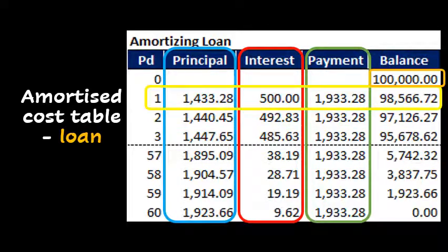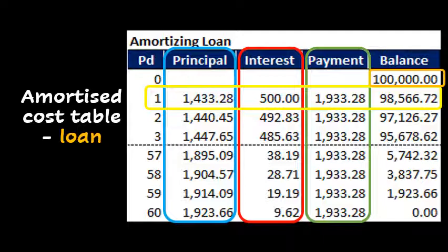So for the first period, when we make the payment of 1,933 ringgit and 28 cent, from this amount, 500 is for the interest and the balance of 1,433 ringgit 28 cent is for the principal amount. Please note that the amount paid every period will be calculated by the banks.